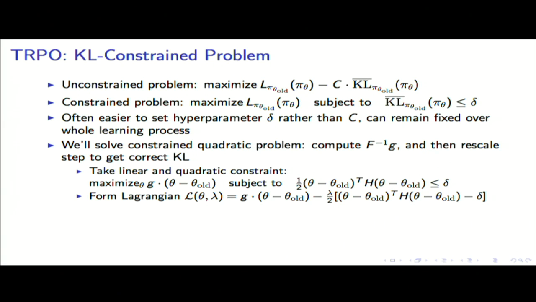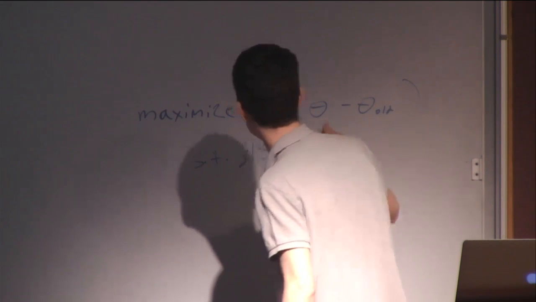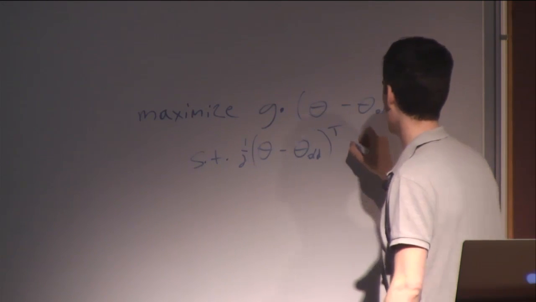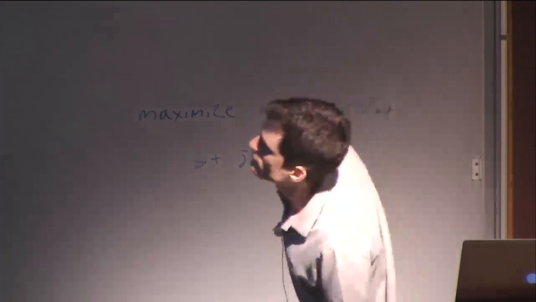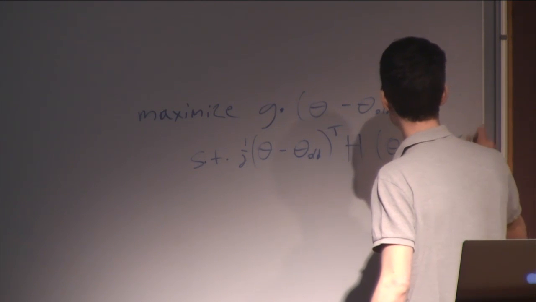So now we have a constrained quadratic program where we want to maximize the gradient dot producted with theta minus theta old, subject to the quadratic constraint, 1/2 times theta minus theta old transpose times H times theta minus theta old, is less than or equal to delta.